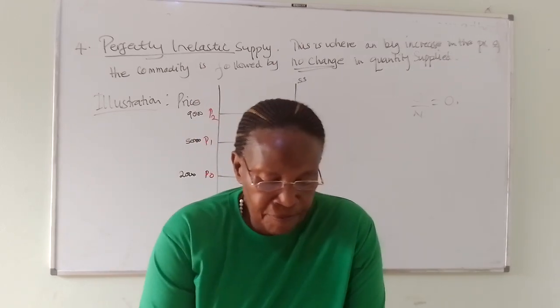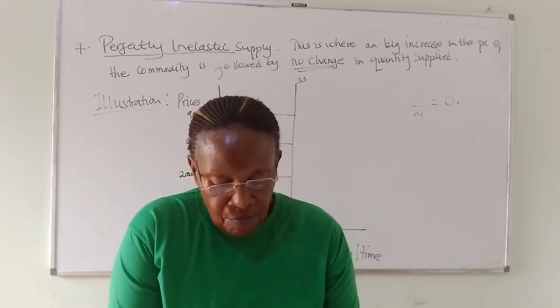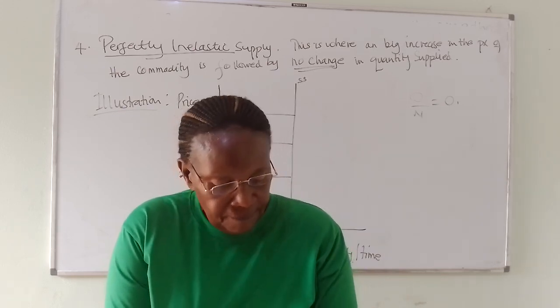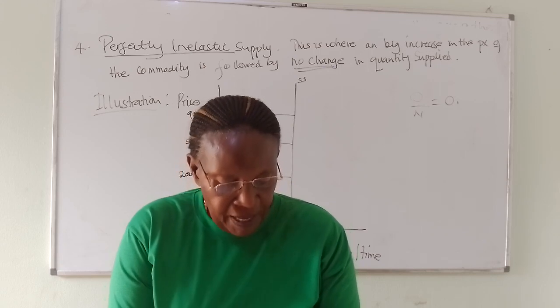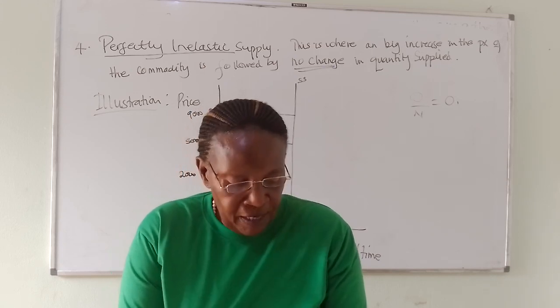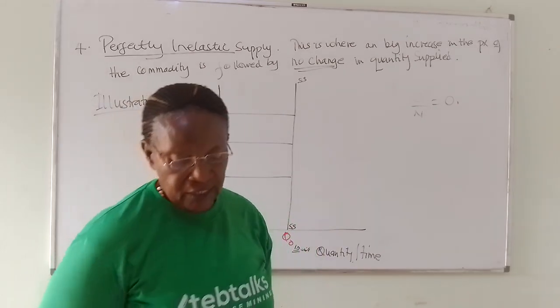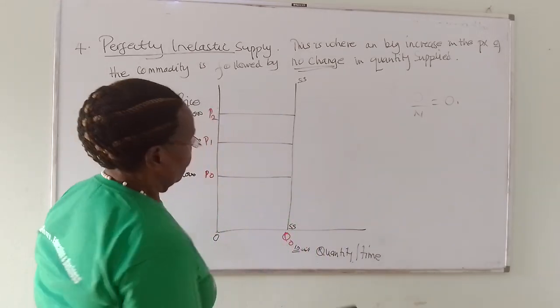So this is where price changes have no effect whatsoever on the quantity supplied of a commodity. It means that the quantity supplied remains constant despite the price changes, and the calculated coefficient is equal to 0.